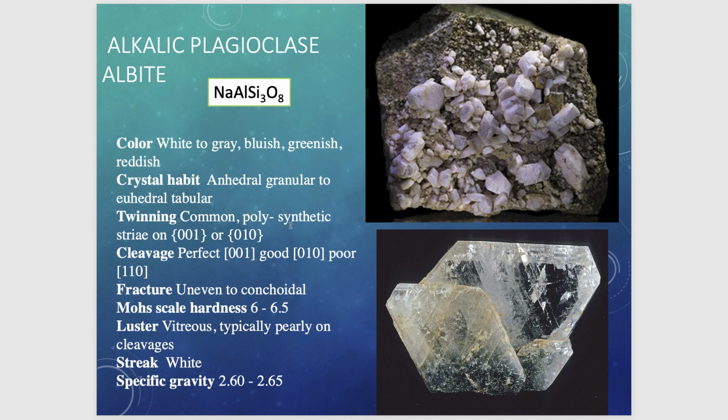We will have again a similar twinning and cleavage, and this is why it's quite difficult to tell apart these feldspars, but you can recognize them and see their morphology, which is characteristic, and in this case it's slightly harder, so 6.5, has a vitreous luster like the calcium plagioclase, has a white streak, so very similar again, so very difficult to macroscopically distinguish the sodium plagioclase from the calcium plagioclase.